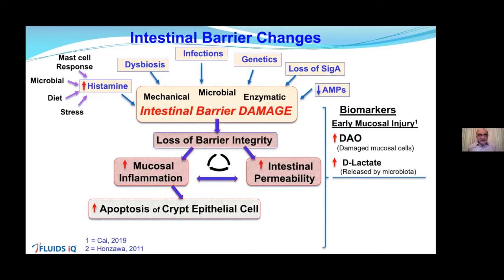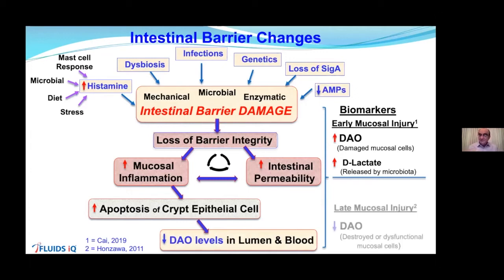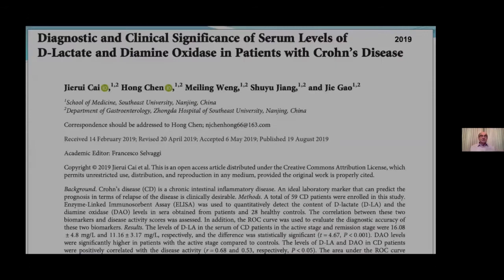That means death of a cell, especially the crypt cells, those cells which are producing DAO. And when that happens, no more DAO is being produced, or of course it goes down. And so it's down both in the lumen, and you also see it down in the blood.